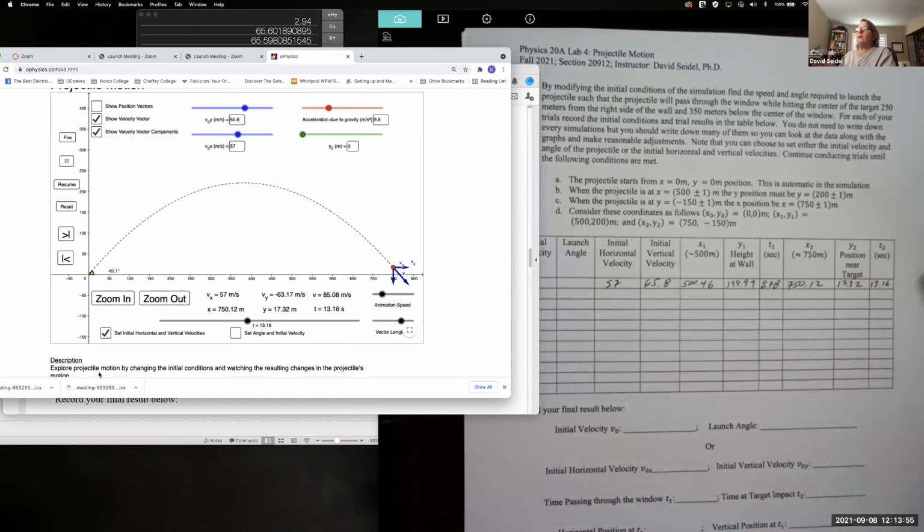Okay, now it's clearly not low enough. Now, when I change my Y velocity, it has two effects. My Y velocity will change my time of flight, so it'll change my X position, okay? But it won't change the X position at the same time.